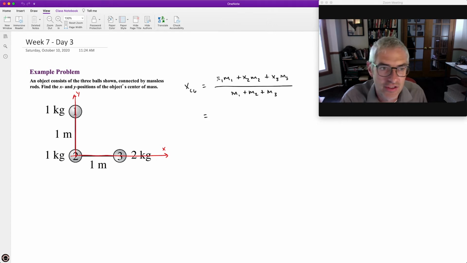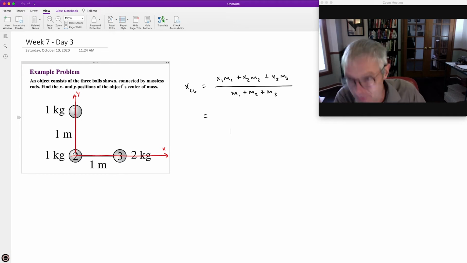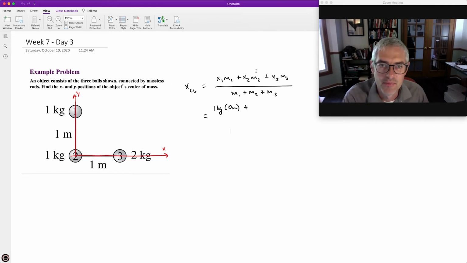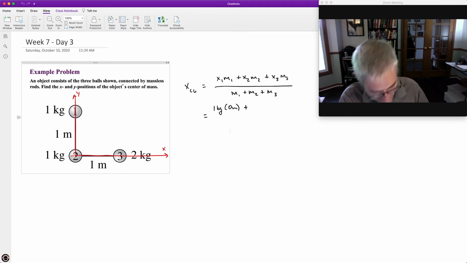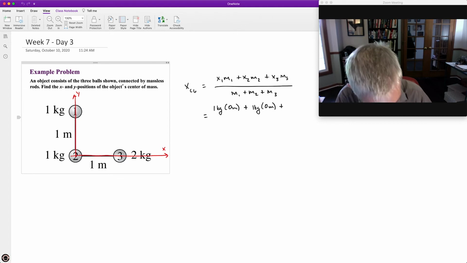The x position for mass 1: mass 1's right here, located right at x equals 0. So I would go 1 kilogram times 0 meters plus, and then I look at particle 2. Particle 2 is right here, also located at x equals 0. So 1 kilogram at 0 meters. And then I've got particle 3, 2 kilograms, but its x location is 1 meter off to the side.